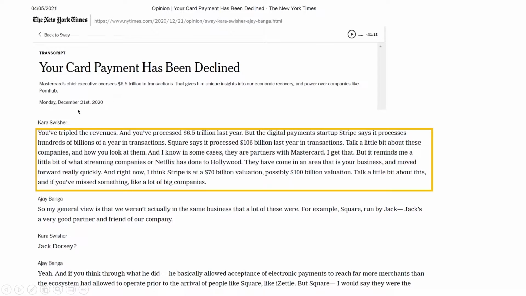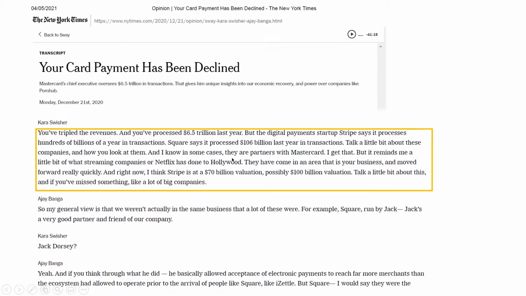This is in December 2020. $6.5 trillion. But the digital payments startup Stripe says it processed hundreds of billions last year, and Square says it processed 106 billion last year in transactions. Talk a little bit about these companies and how you look at them.